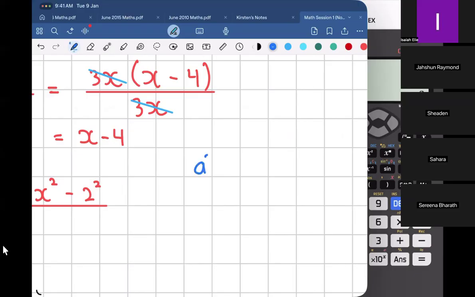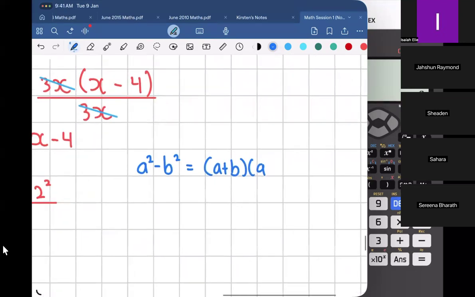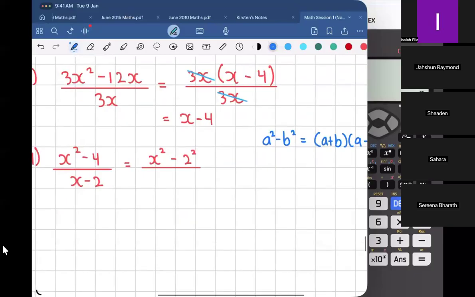I think so, sir. That was a squared minus b squared. And if it's in that form, I can write it as a plus b by a what? A minus b, sir. Excellent.